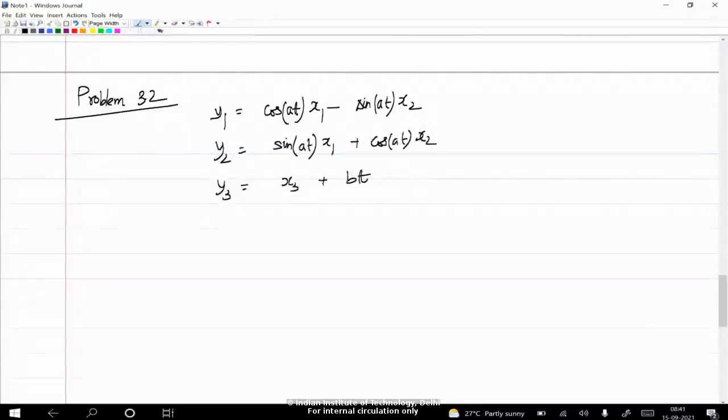So that's the motion. The kinematics is prescribed.